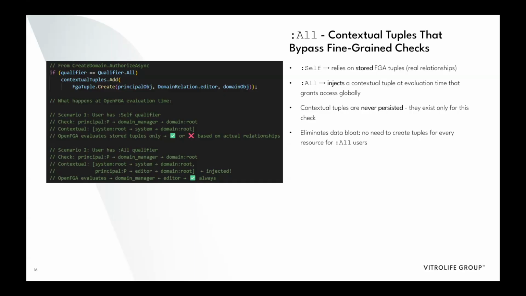So our decision here was that when you come in with a qualifier all, we add a contextual tuple that grants you the access you need to that specific endpoint. In our case, we add that you are an editor for that object.